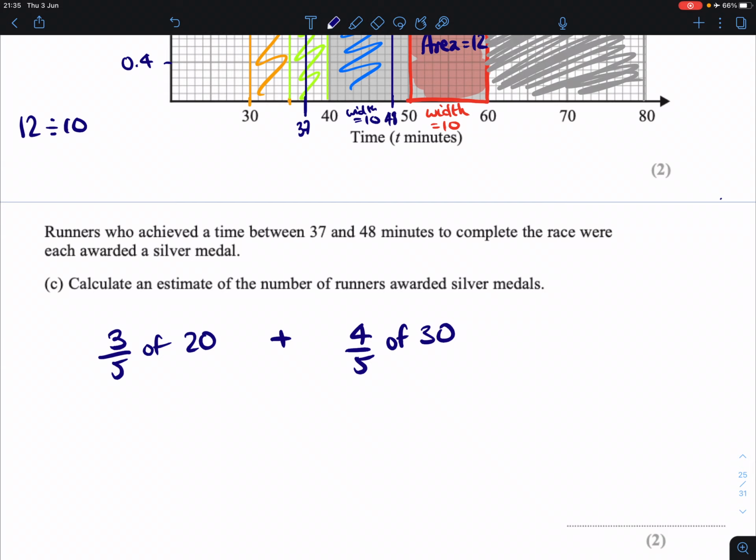These are all the people that are going to get a silver medal. So 3/5 of 20 is 12, 4/5 or 8/10 of 30 is 24. Add them together: 36 people is the estimate for the number of people that got a silver medal.